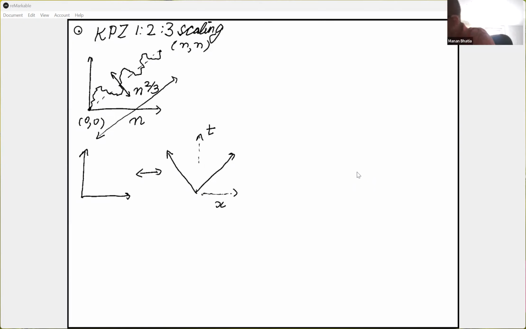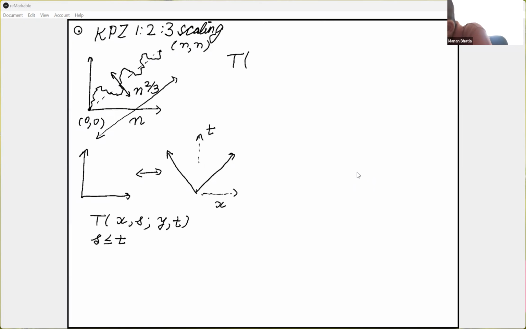Earlier I had defined the passage time from u to v. We now write it in terms of these coordinates, as passage times from (x,s) to (y,t), and the directedness would mean s is less than or equal to t. So what's the directed landscape?